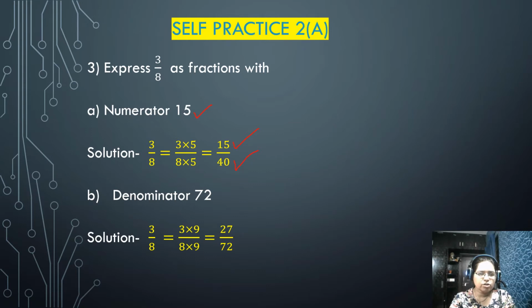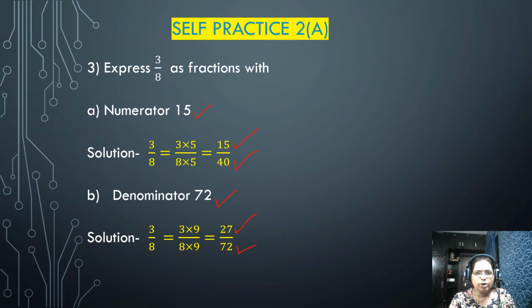Now we have to express 3 divided by 8 as a fraction with the denominator 72. We know 8 multiplied by 9 is 72. When we multiply the denominator by a number, we have to multiply the numerator by the same number also. So we multiply the numerator by 9 too. 3 multiplied by 9 is 27 and 8 multiplied by 9 is 72.